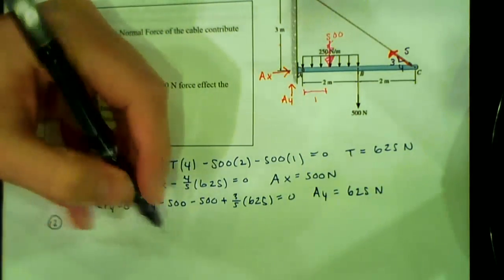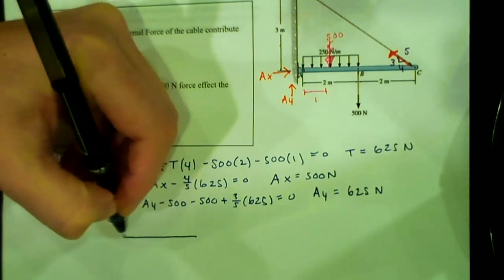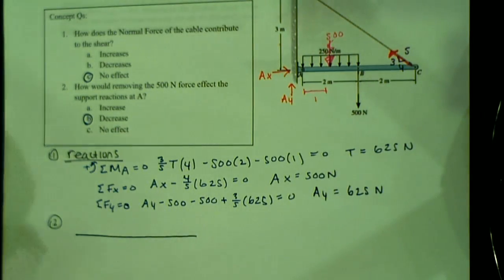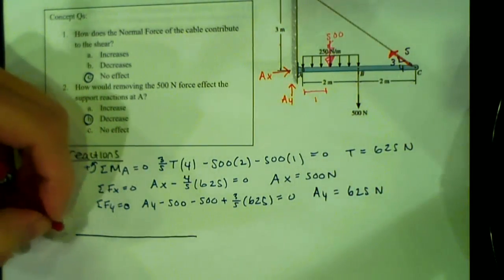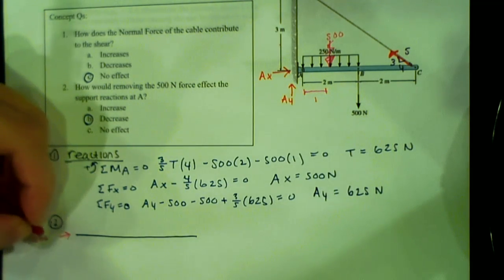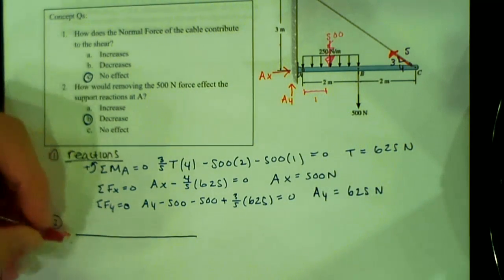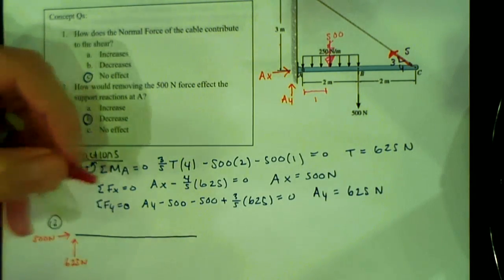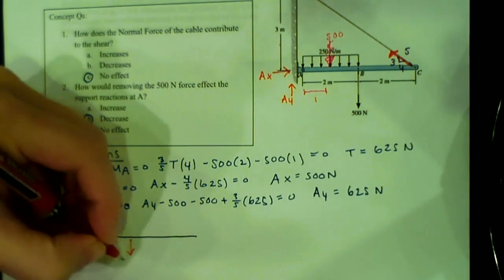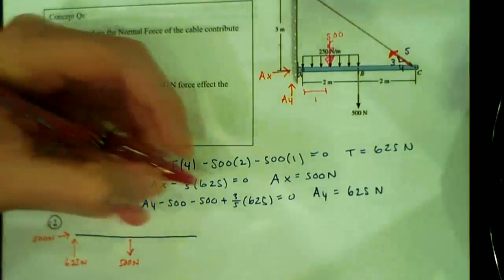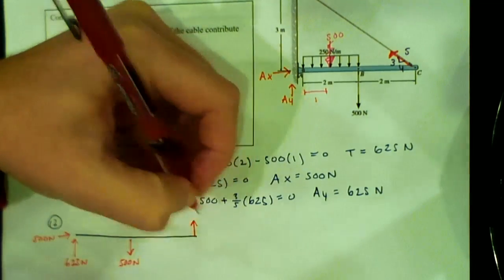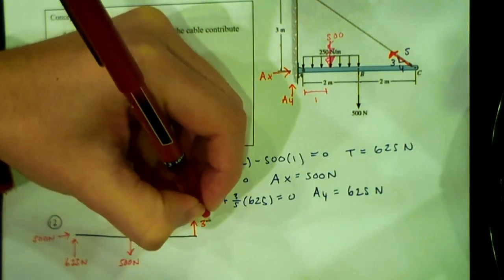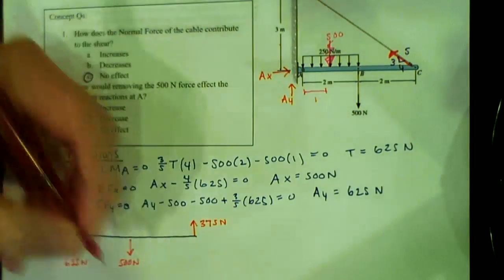Now we can go ahead and draw our beam. So I'm going to redraw this thing. I have the 500 for AX, but we don't even care about it. This is 625 newtons, 500 newtons, and then I'm just going to draw the Y component for this, which is 375 newtons.